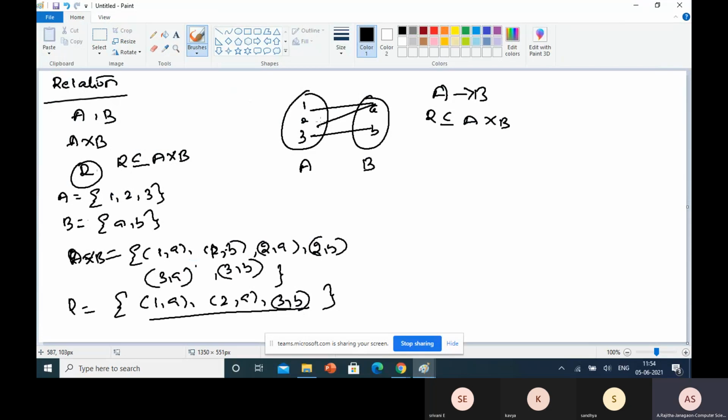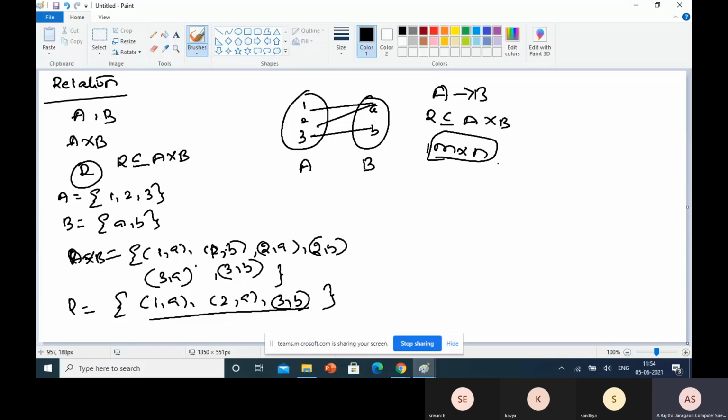Okay. Here that means total binary relations. How many binary relations are possible? So here, how many binary relations are possible? That means here m into n ordered pairs are there. M into n ordered pairs.